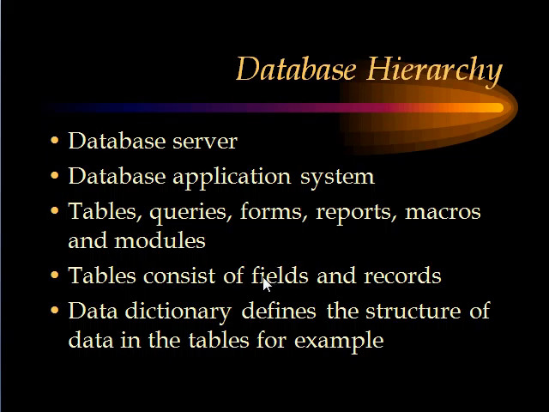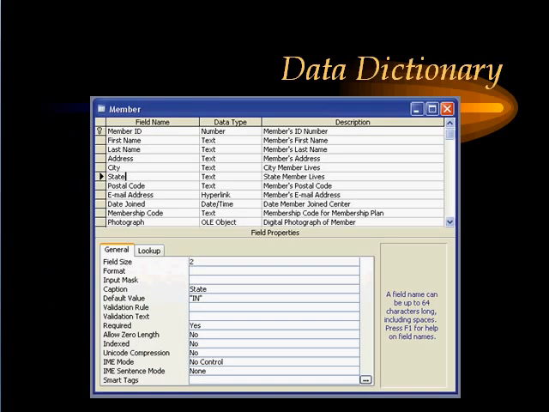Also, each table may contain something called a data dictionary. What is a data dictionary? Data dictionary is one that gives information about the contents of the table. Here is an example of a data dictionary. In this particular case, we have all the fields, and the data dictionary here gives details of all the information.